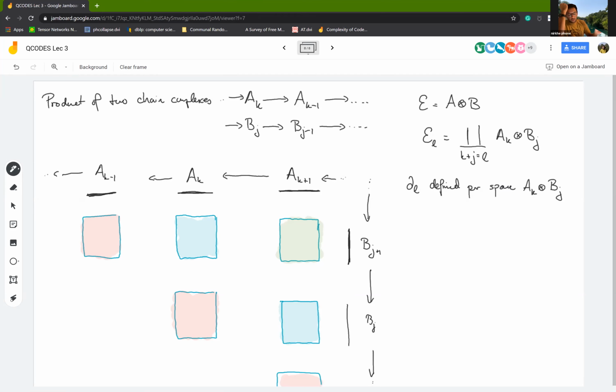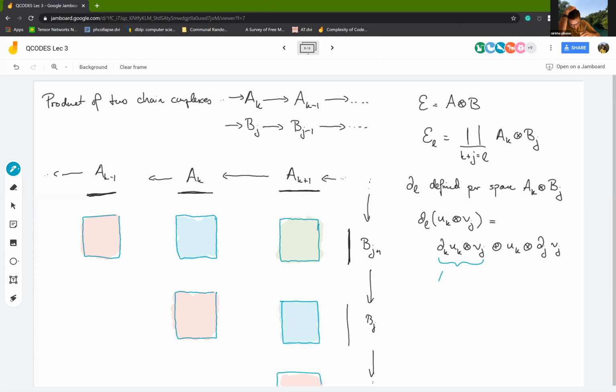Here I'm just assuming L is equal to K plus J. The way it works is D_L of a vector U_K tensor V_J is going to be D_K U_K, so the boundary map applied to U_K, but I preserve V_J, plus U_K with the boundary map D_J applied to V_J.